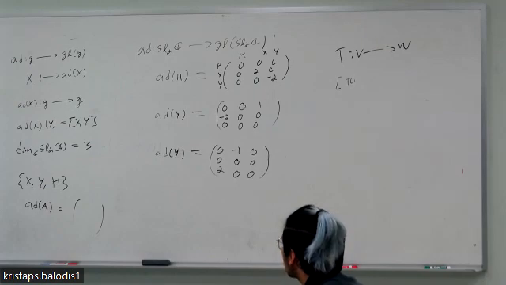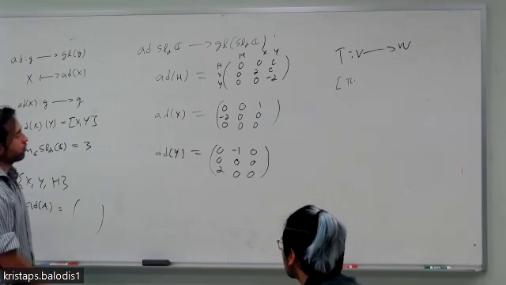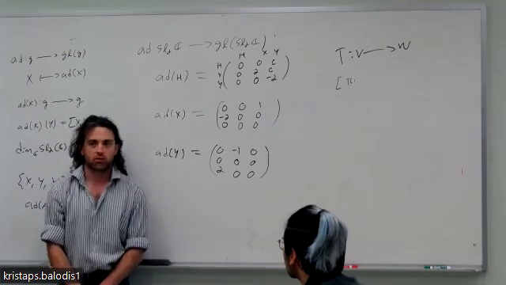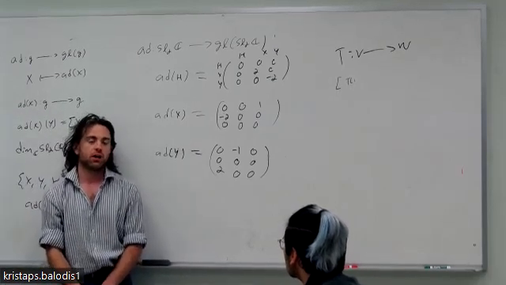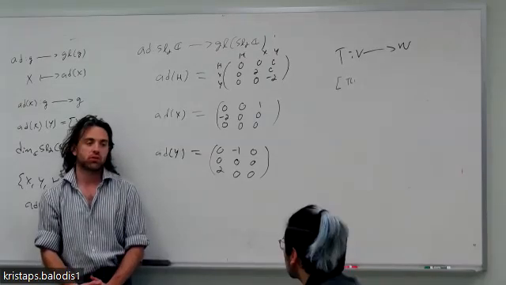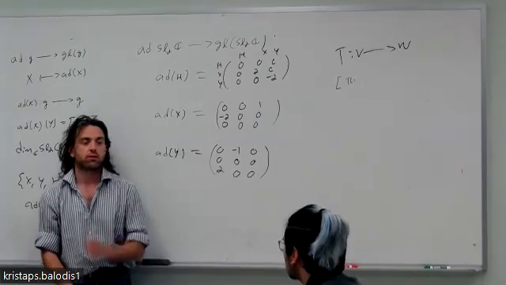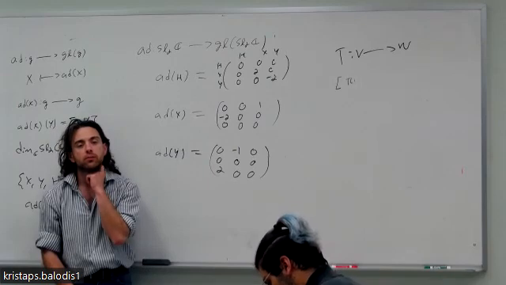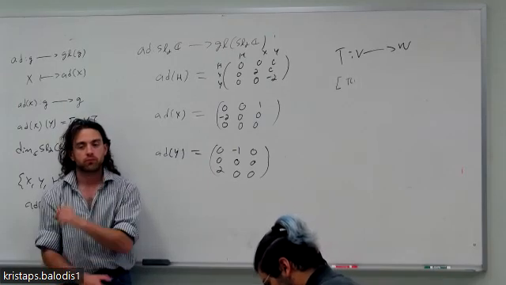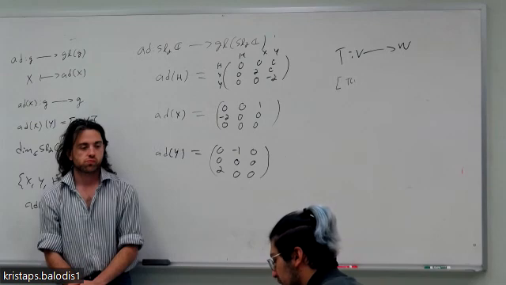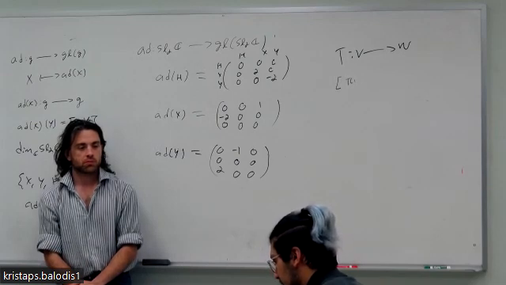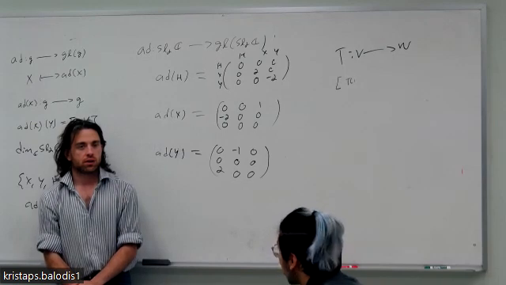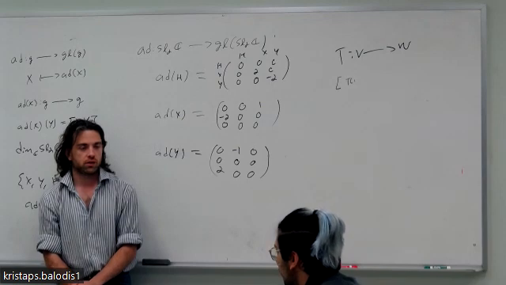So for the two-dimensional representation, does it have a subrepresentation? Is it irreducible? Irreducibility excluded the zero representation, right? Yes.